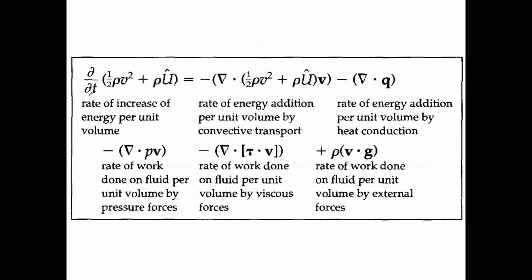Okay, so the rate of increase of energy per unit volume would be equal to the rate of energy addition per unit volume by convective transport. So this is by convective transport, and then the rate of energy addition by heat conduction, and then the work done by the fluid, if any, and then the work done by viscous force, if any, and also the work done by external forces, for example gravity.